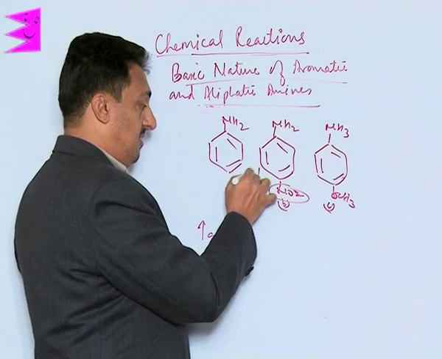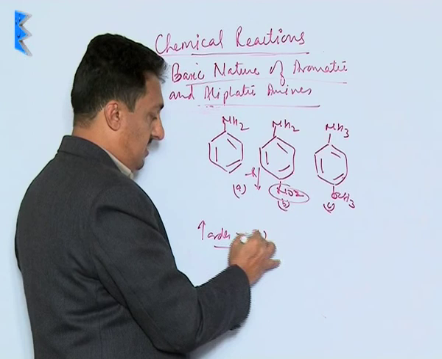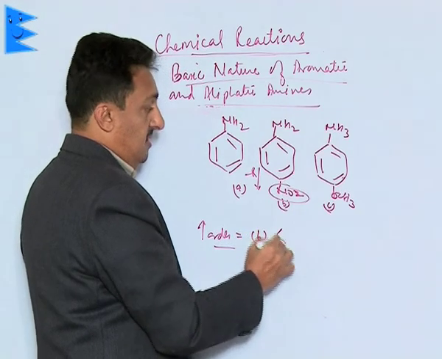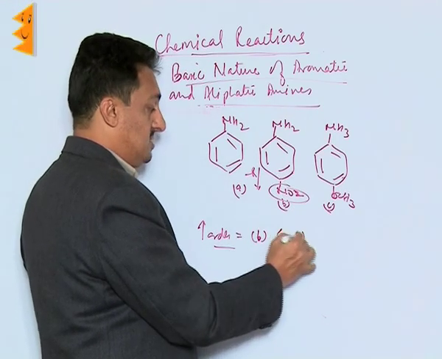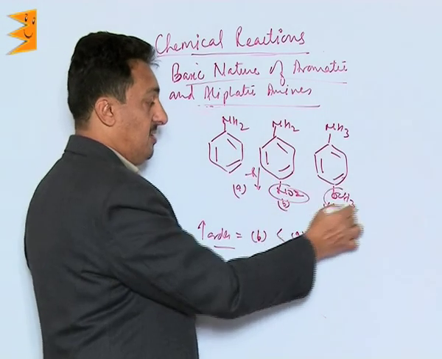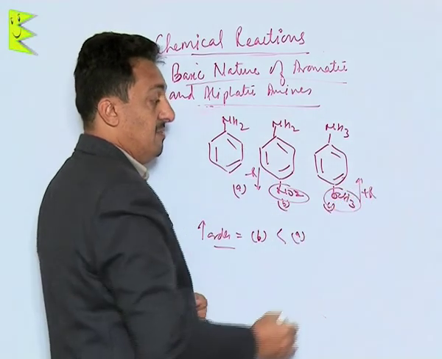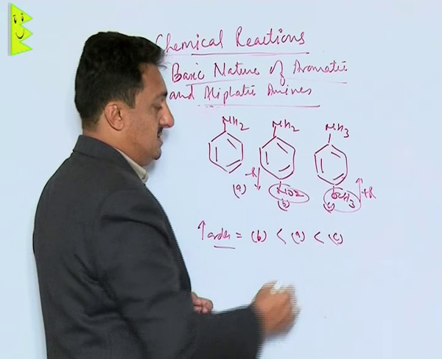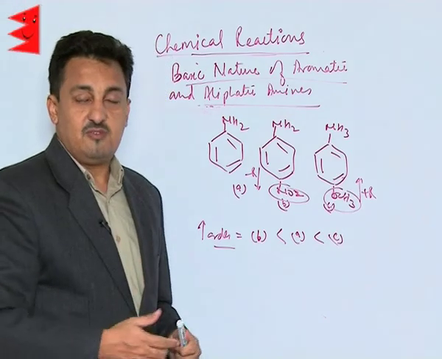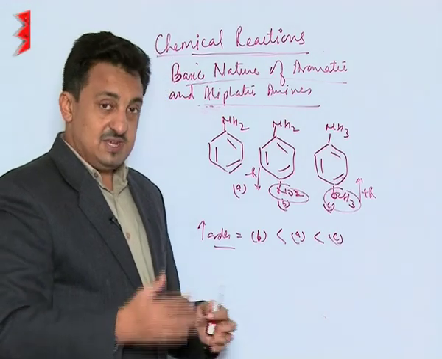The reason being its minus R effect, so it is B. Then we have normal aniline because it does not have any releasing group, whereas methoxy, because of its plus R effect, is the most basic. So this is how we have the different trends of the basicity of the different types of substituted aromatic amines.